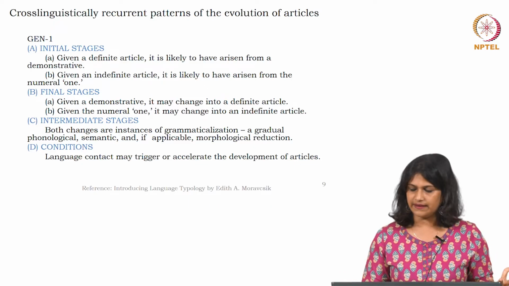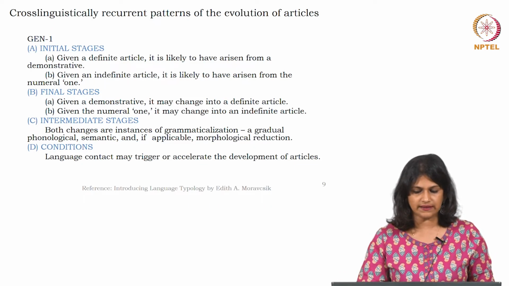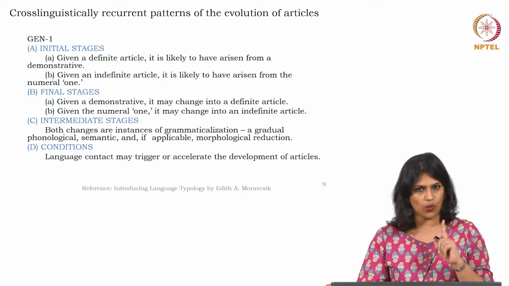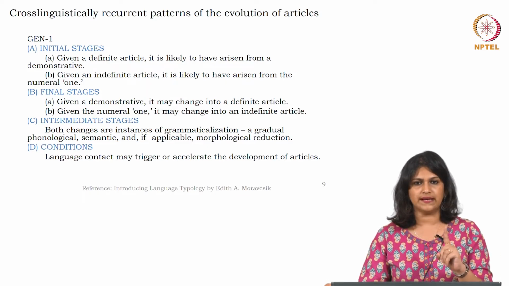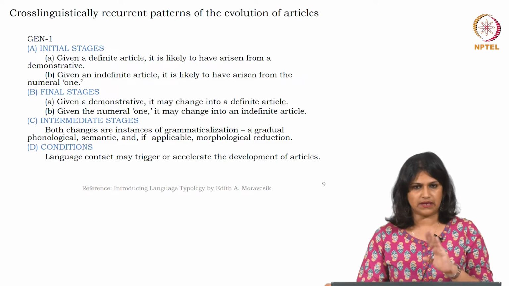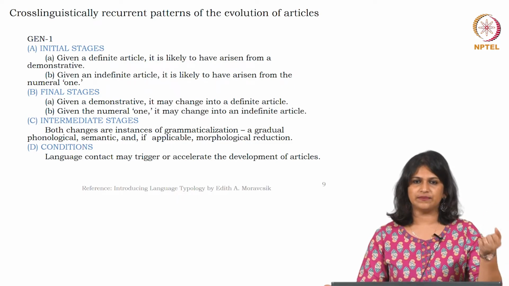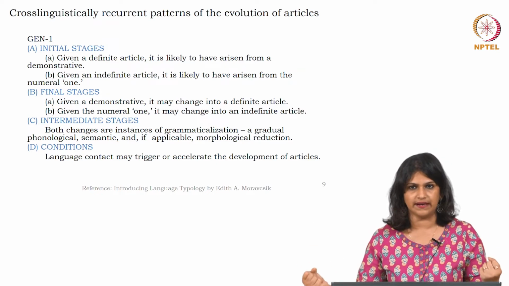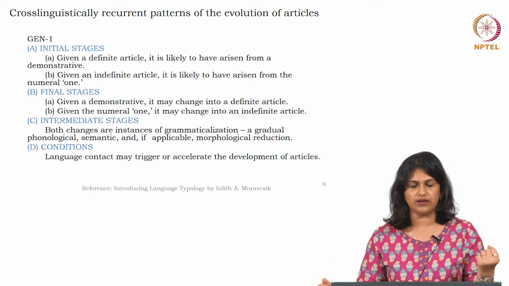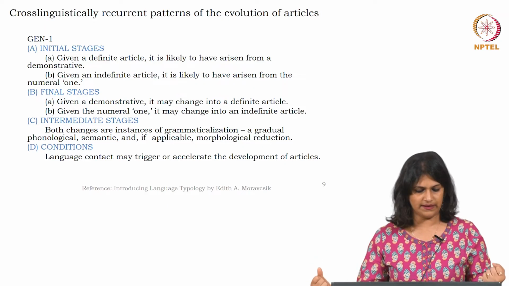There are indefinite articles, and in English the indefinite articles might have arisen from the numeral 1. So, from 1 it has become an, or a, and that is the final stage. So, the initial stage is demonstrative, final stage is definite article. Initial stage is numeral 1, final stage is indefinite article.